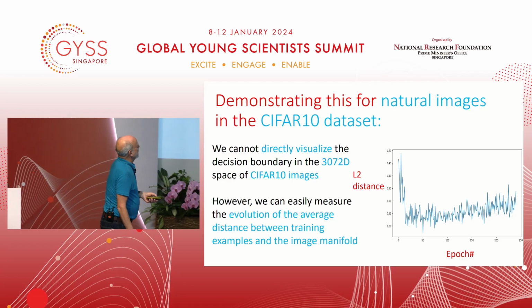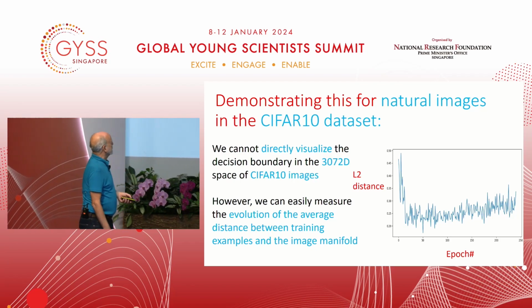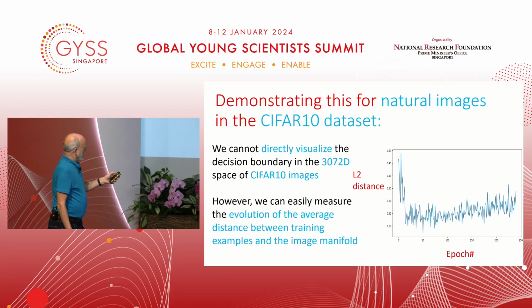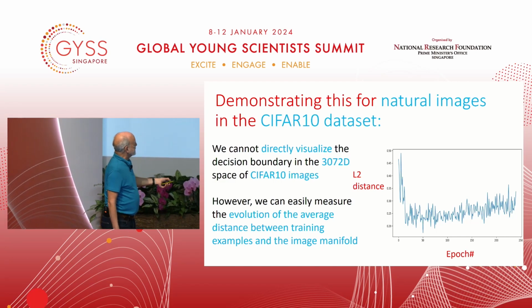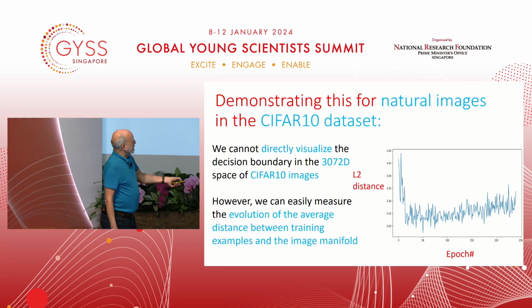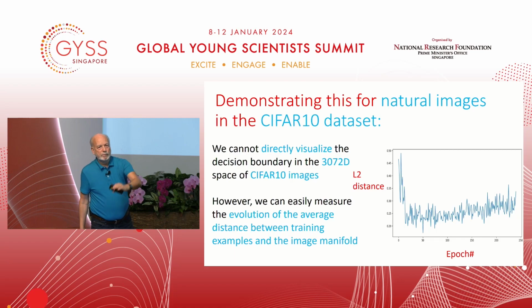Here is another example in high dimensions in CIFAR-10, for those of you who know it, of what is the average distance. This is the distance. This is the epoch: how many times I went through the input examples during the training. The clinging process brings the decision boundary very close and very rapidly towards the examples.